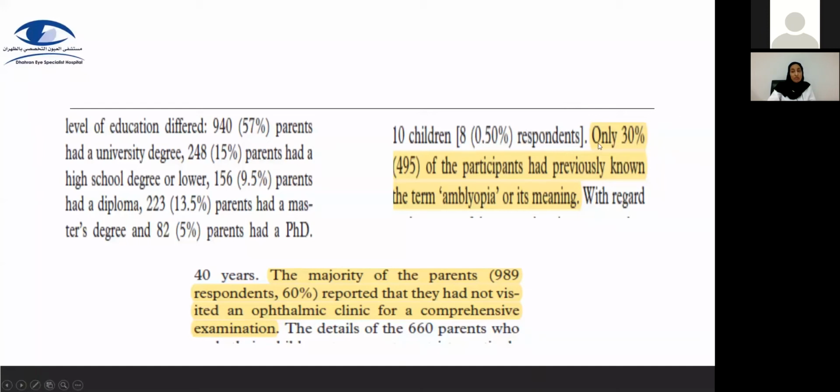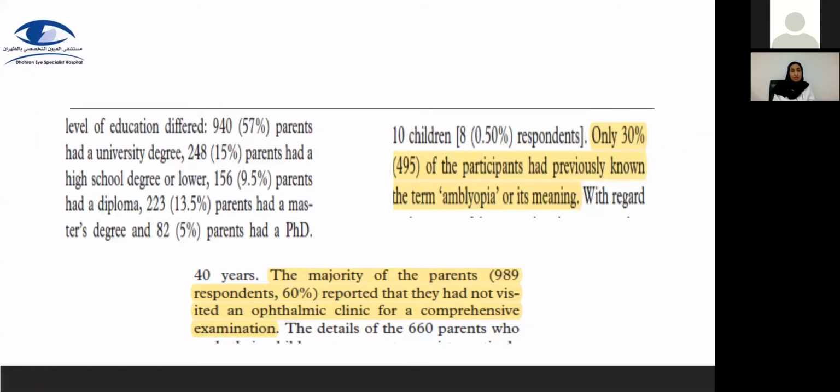Only 30% of them had a clue of what amblyopia was. The majority of the participants, 60% of them, never got the eyes of their children examined, never had a comprehensive ophthalmic examination. And that shows you the gravity of the awareness problem that is happening in our community.